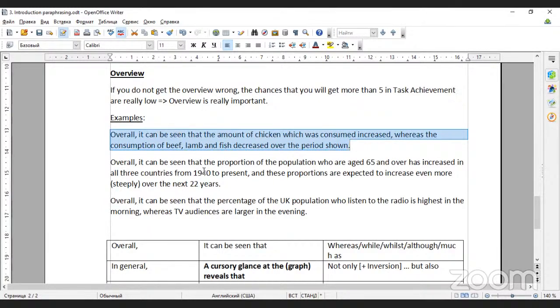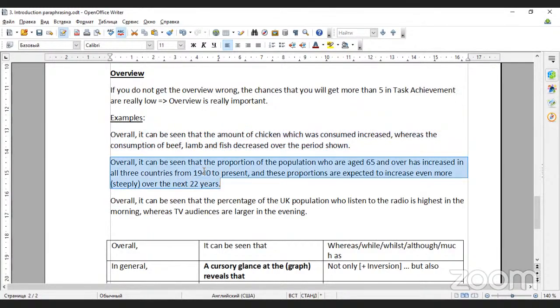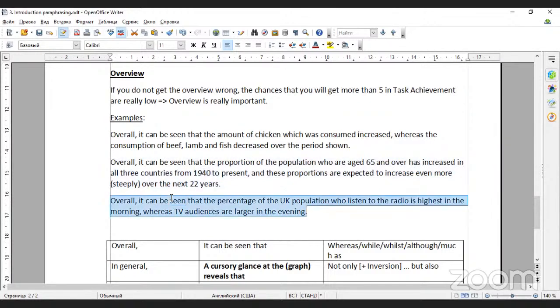Overall, it can be seen that the proportion of the population who are aged 65 and over has increased in all the 3 countries from 1940 to present, and these proportions are expected to increase even more steeply over the next 22 years. Then overall, it can be seen that the percentage of the UK population who listen to the radio is highest in the morning, whereas TV audiences are larger in the evenings.